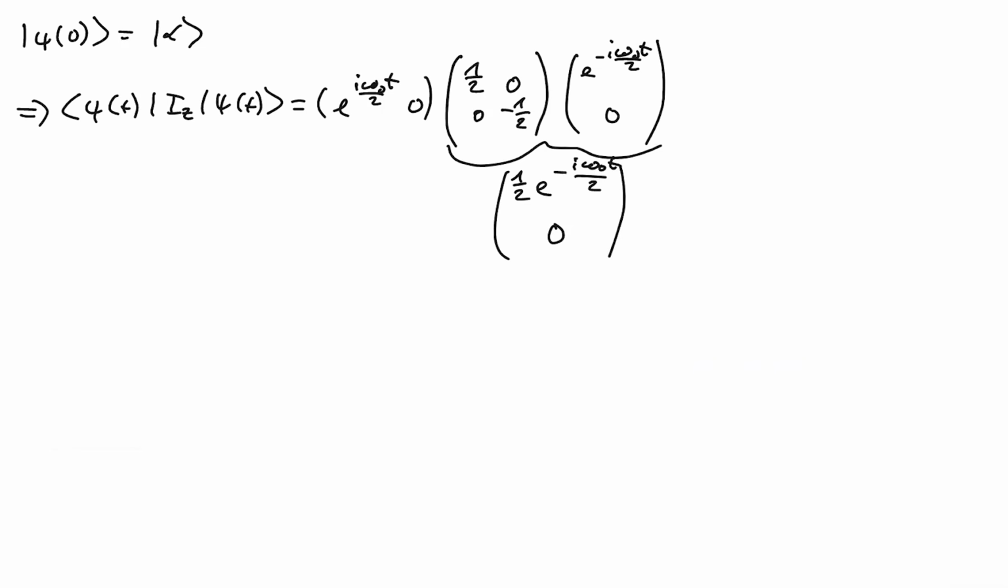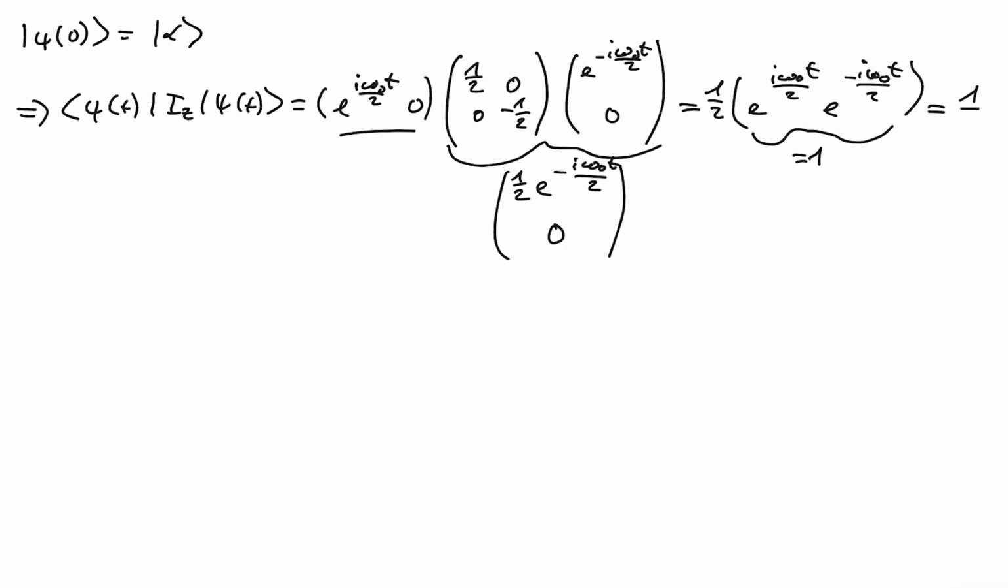And when we apply this to the bra vector, then we get 1/2 e to the i omega 0 t half times e to the minus i omega 0 t half. And this, as you can easily see, is 1. So overall, we get the eigenvalue 1/2.